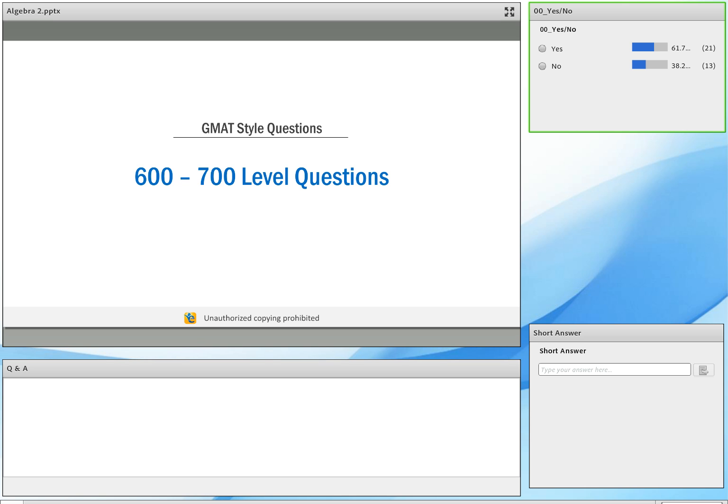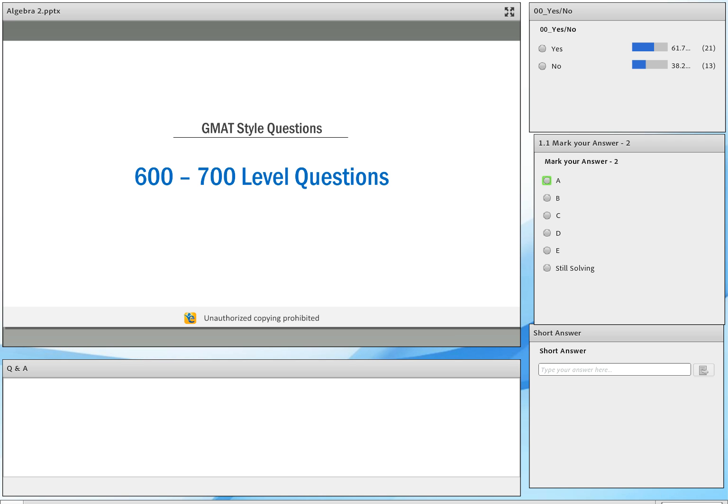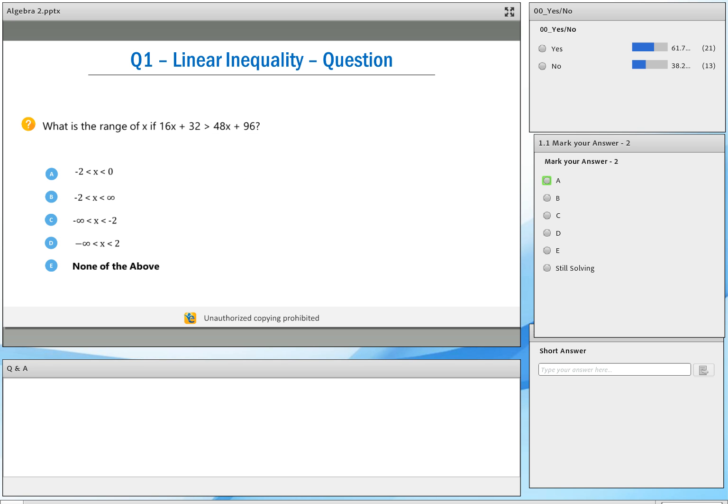But now that we are going into difficult questions, you will see the pace of the session increase a bit. So let's click on still solving here. I'm going to show you your question here, question number 1 in the GMAT style questions category.